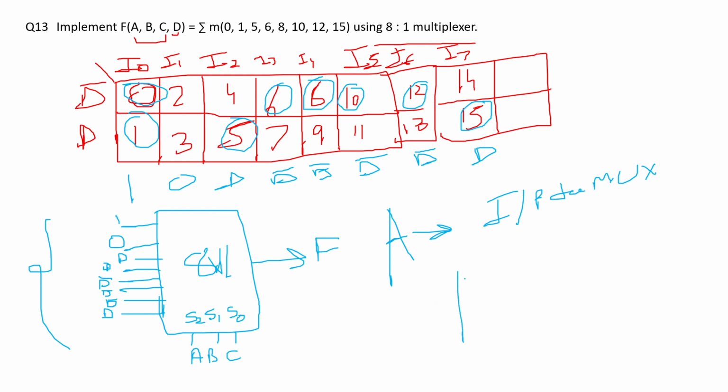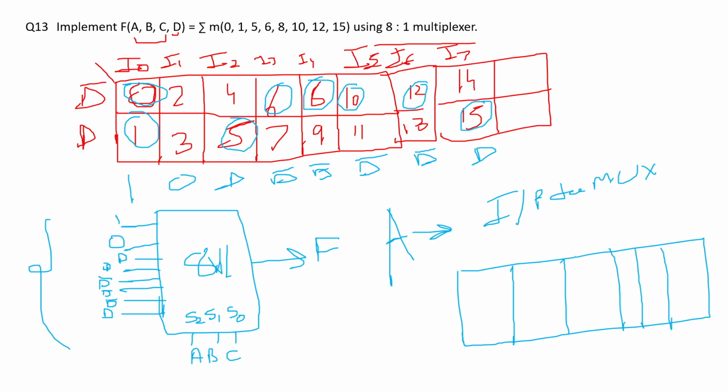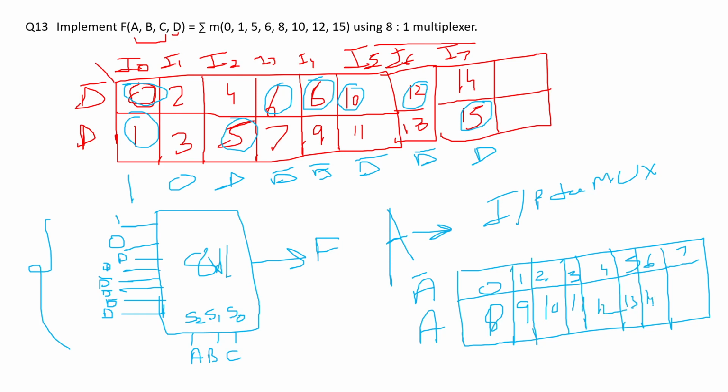We'll construct an implementation table like this: here it's A complement and here it's A. We write it like this: 0, 1, 2, 3, 4, 5, 6, 7. Here it's 8, 9, 10, 11, 12, 13, 14 and 15.